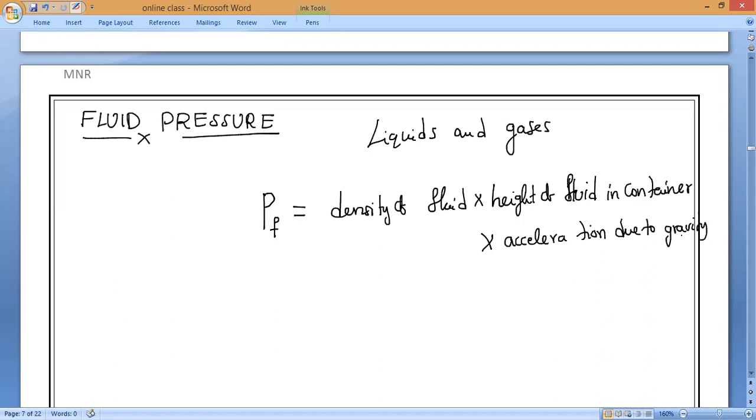This is the formula which we call liquid pressure. Is it right or wrong?